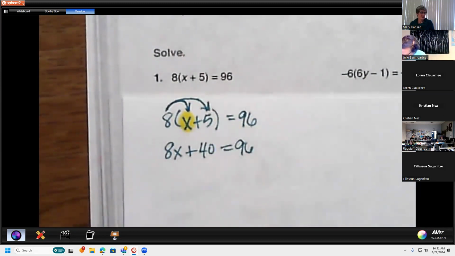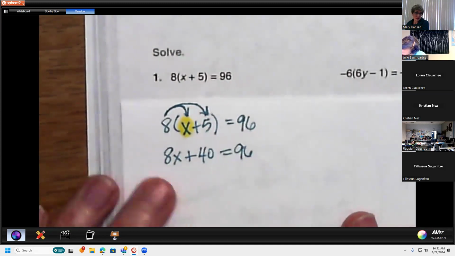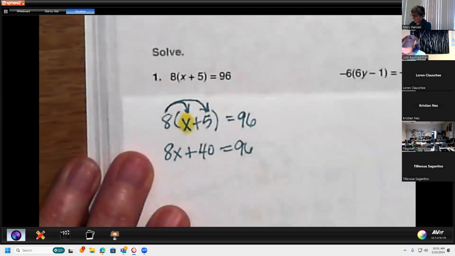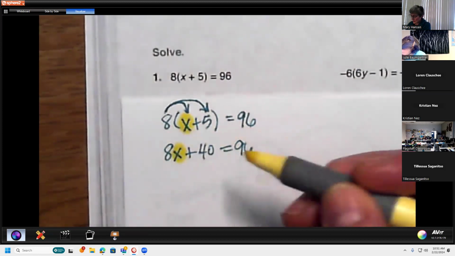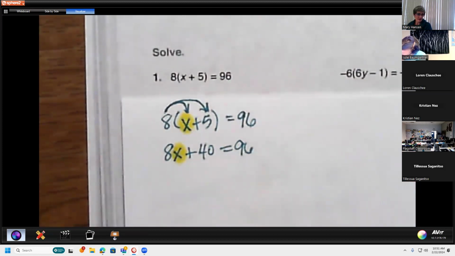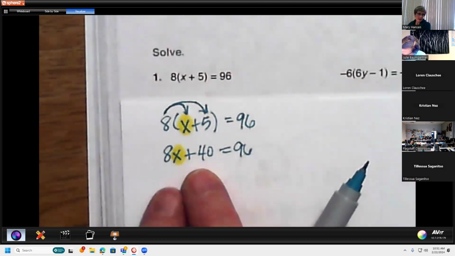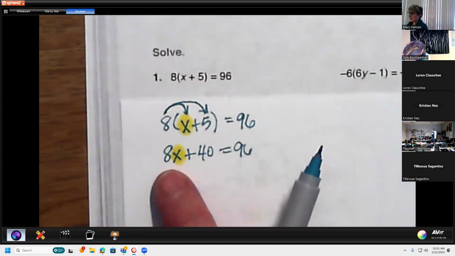Okay, very good. And now we have a two-step equation, and hopefully we're starting to get a little more comfortable. I say two-step because I've got all my x's together. I only have to get rid of 40, and I only have to get rid of 8, and I'm done.